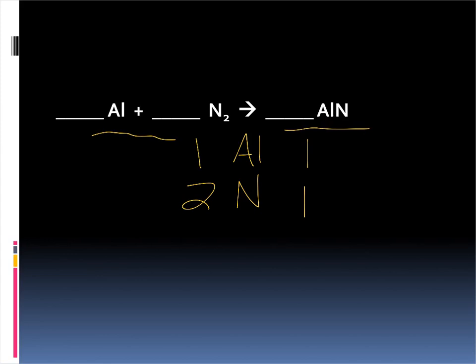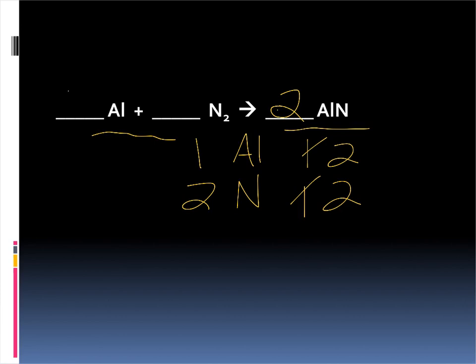So what could I put in this coefficient spot over here to give me 2 Ns? Well, hopefully you were thinking of 2. Now, because N is also attached to Al, Al also is 2. So come down here and update your atom counts. All right, now our Als aren't balanced.